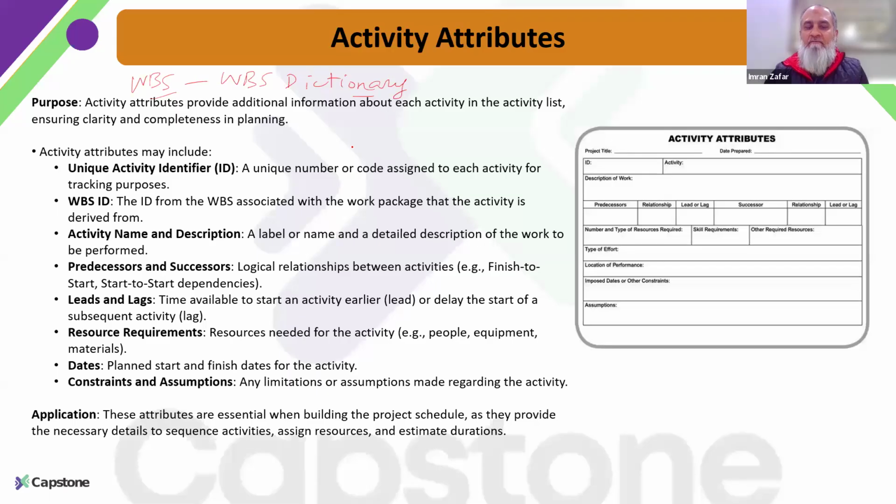Similarly, for each and every activity we have another supporting document that we call activity attributes. The activity attributes contain all the details related to each activity: its ID, the work package or work breakdown structure item it relates to, its name and description, any predecessor or successor activities, any lead lag information, how many resources are required, the schedule, and any constraints, assumptions and risks.